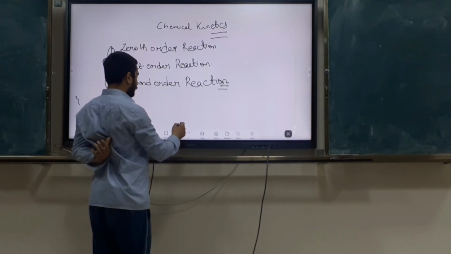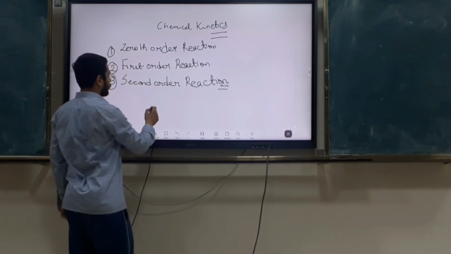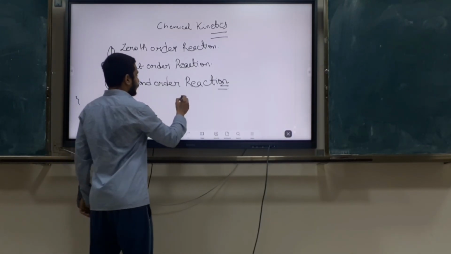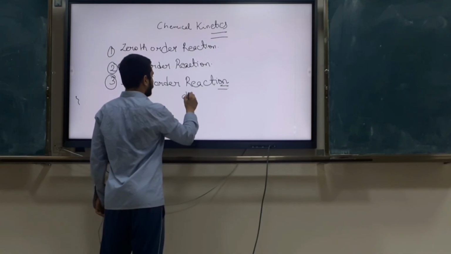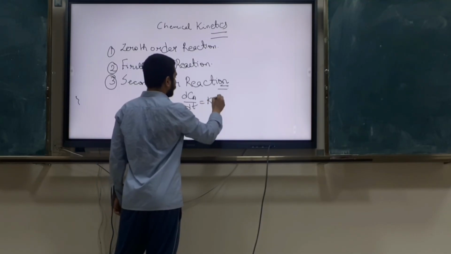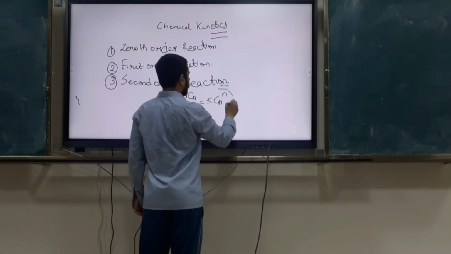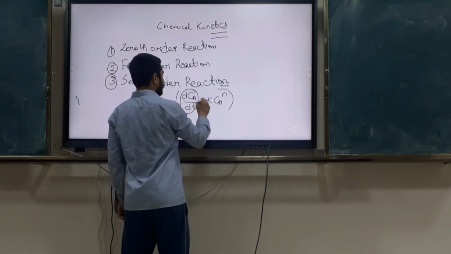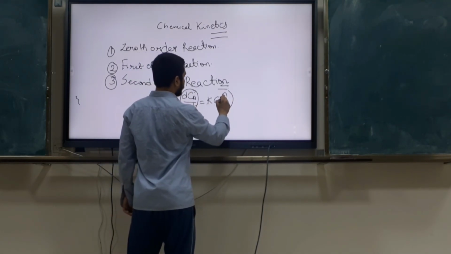So how we will generally define this order of reaction and what is the equation of this? The equation is dCA by dt is equal to K into Ca to the power of n.